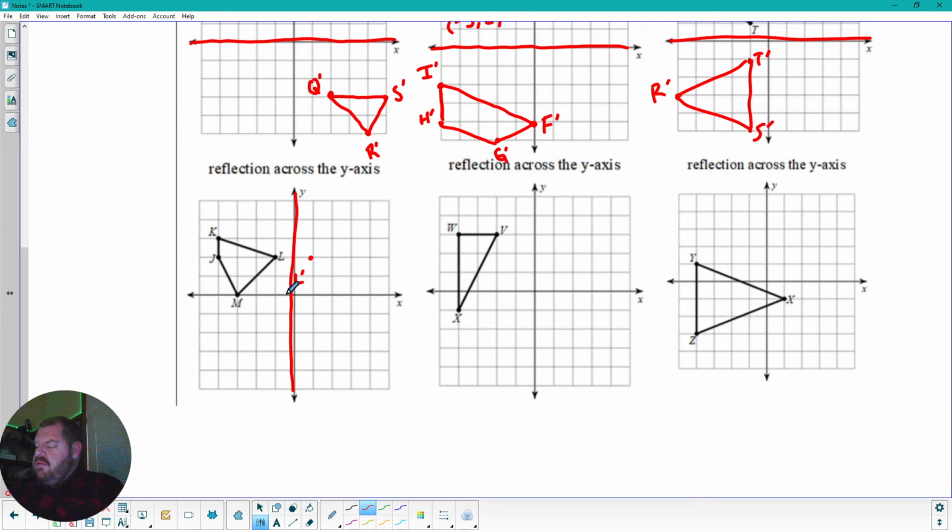M is 3 units away, so I go 3 units away and put M prime. J is 4 units away, so I'll go 4 units for J prime. And K is 4 units away, so on the same line, move 4 units the other way for K prime.